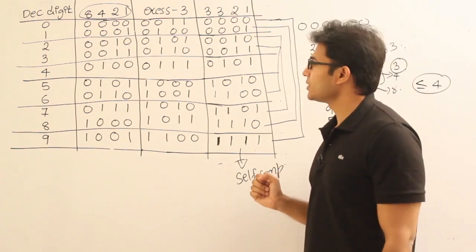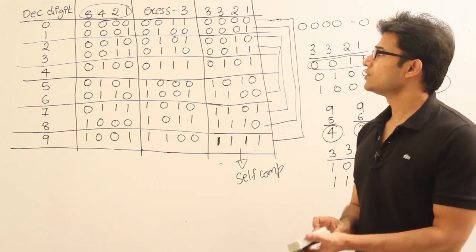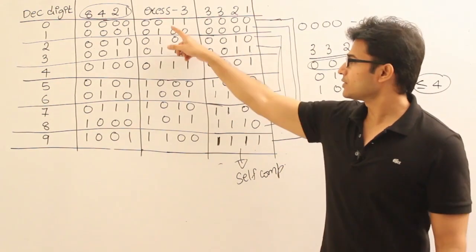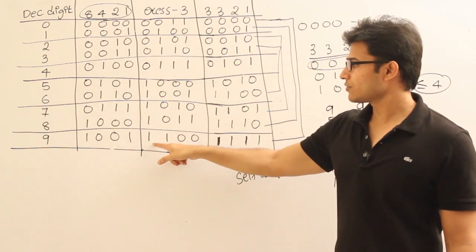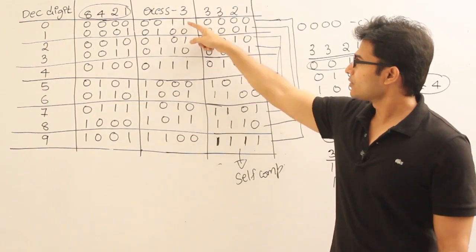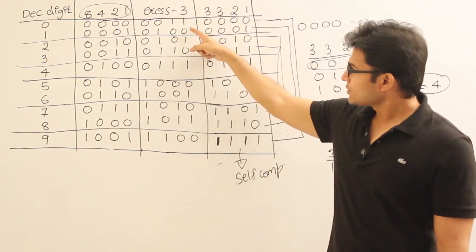Got it? Okay. Now observe this XS3. Is it a self-complementing code? The representation for 0 is 0011, and the 9's complement of 0 is 9. The representation of 9 is 1100. If I take the 1's complement, I get the 9's complement. You can check for all the numbers.